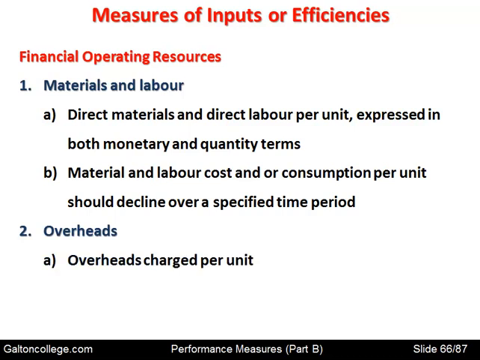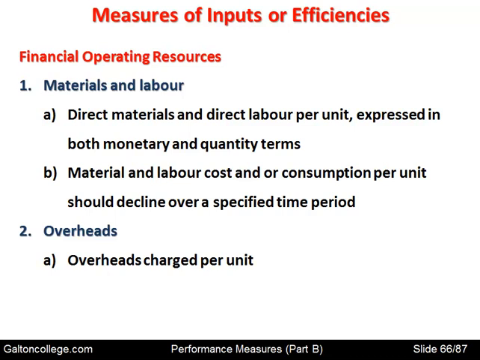Overheads, well, overheads are usually charged per unit. Now, cost and management accountants are very skilled at doing this. They can work out the overheads in terms of the cost of the premises, the insurance, the maintenance, and so on, and try to allocate it to the number of units produced.